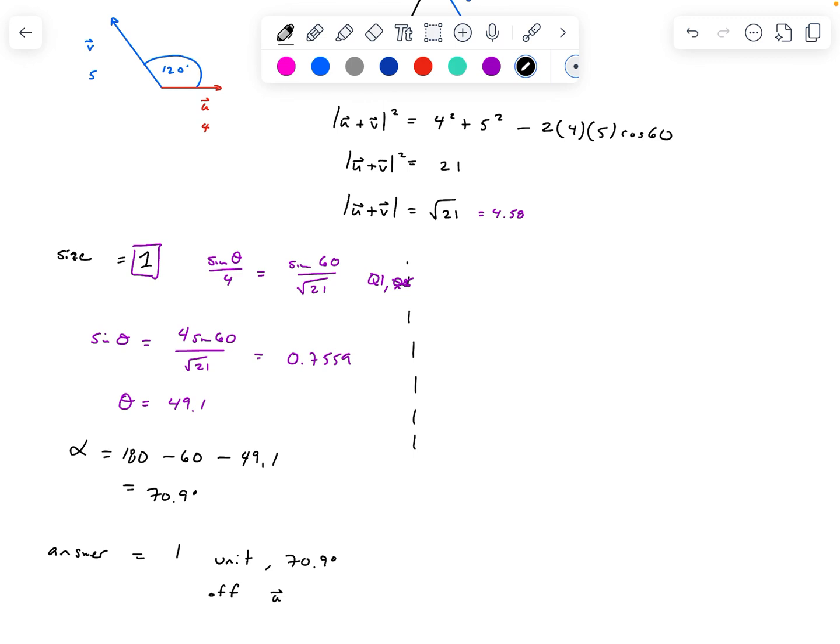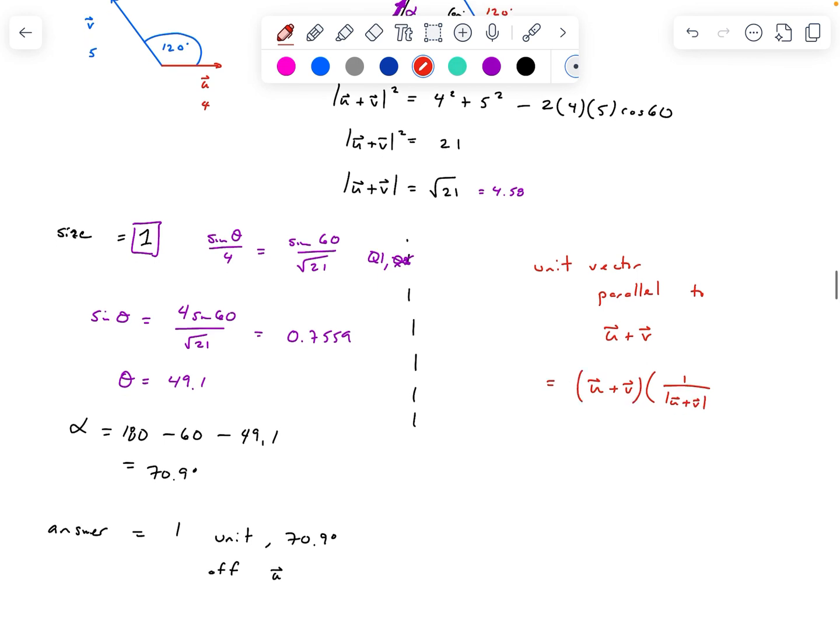Now, the other way you could answer this question would be to say that it's asking me to find a unit vector parallel to u plus v. So it's going to be u plus v times 1 over the magnitude of u plus v.